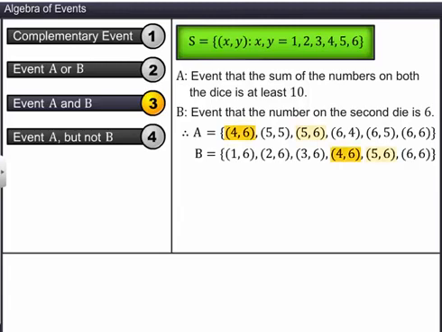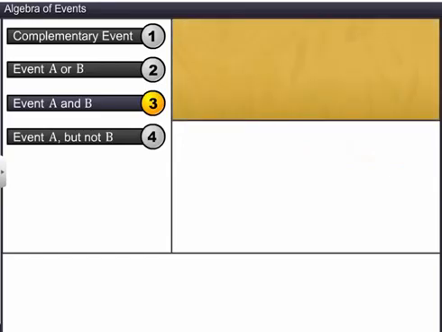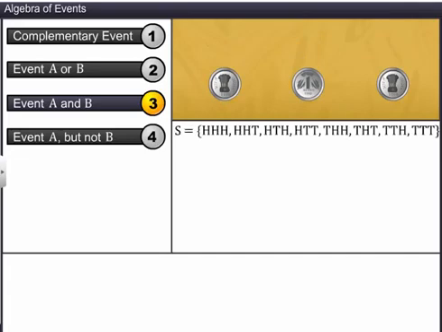Let's consider another experiment where 3 coins are tossed simultaneously. The sample space associated with the experiment is as shown. Now, consider 2 events A and B. Event A is getting at least 2 heads. Event B is getting at least 2 tails.